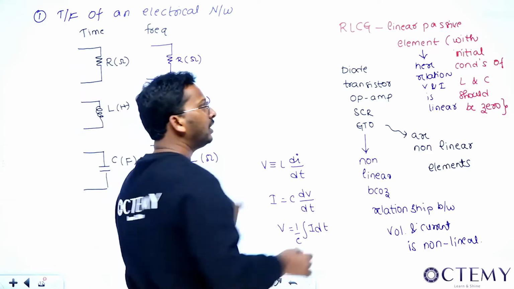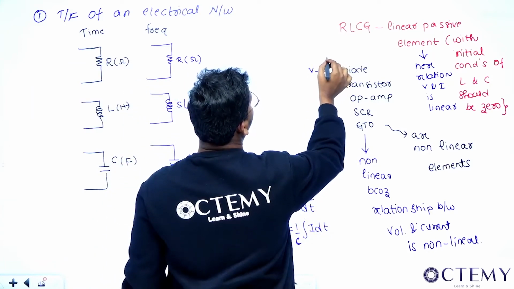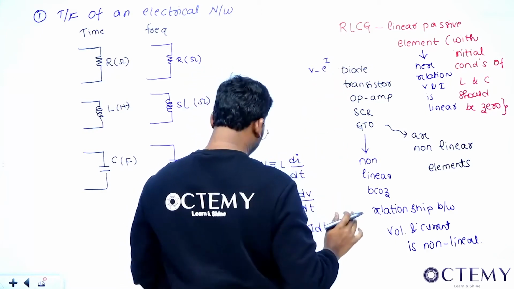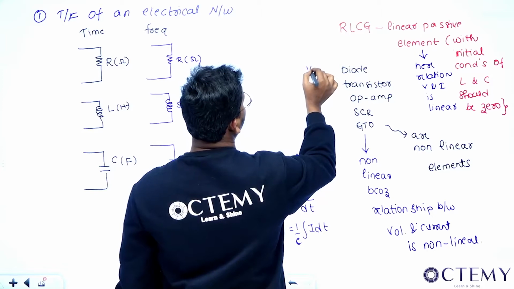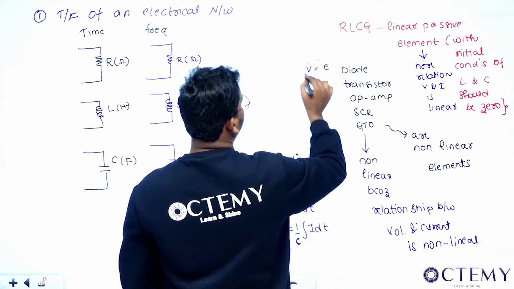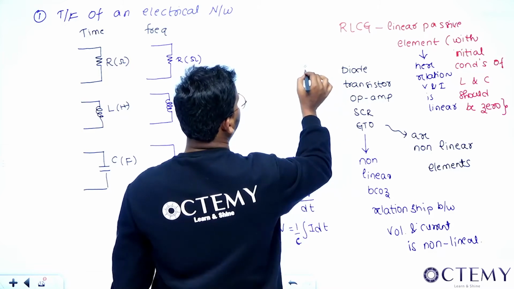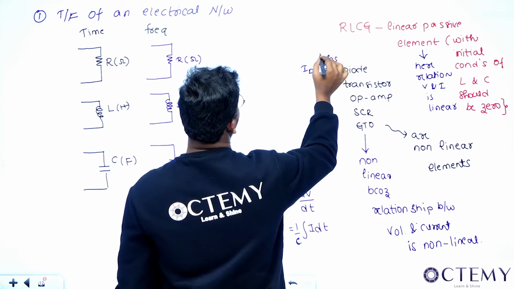But whereas if you see in a diode or transistor, the current will be proportional to e power voltage. The current through the diode, ID, will be equal to some k times e power VD.